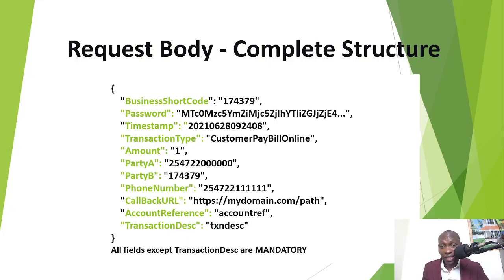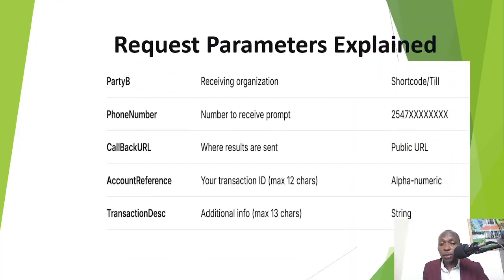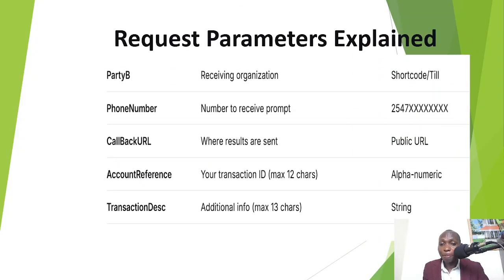Kindly note that, because sometimes if you exceed those characters, your request may not go through, and you might face so many problems while debugging. Very few tutorials give you this depth of information. Let us continue. This account reference is alphanumeric. Transaction description is a string.